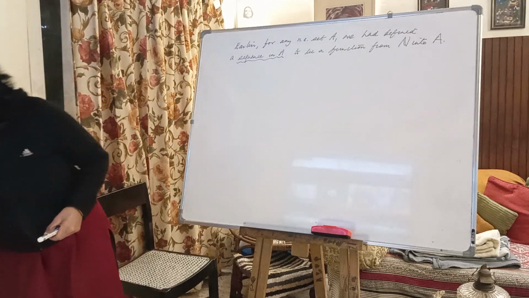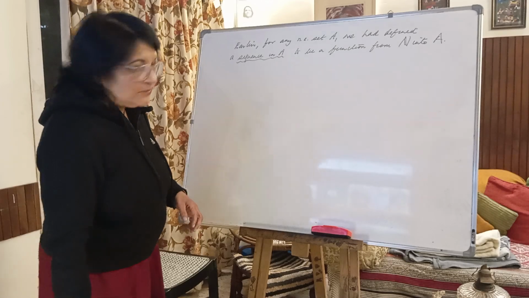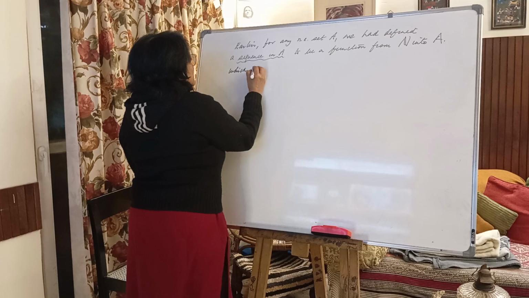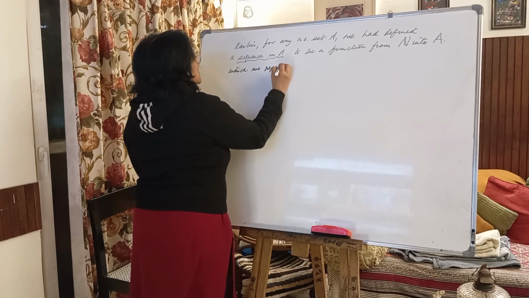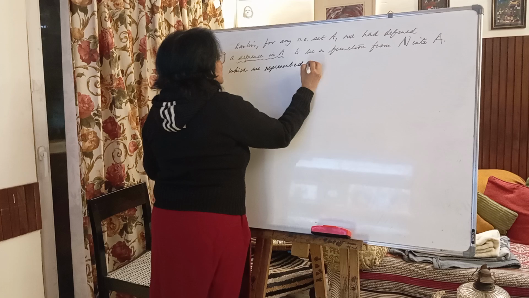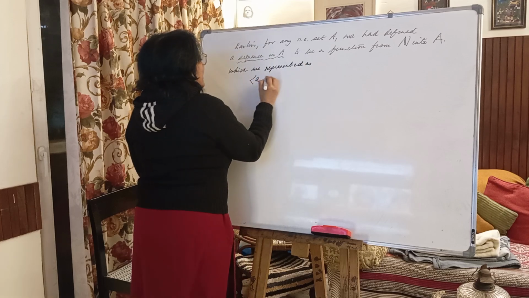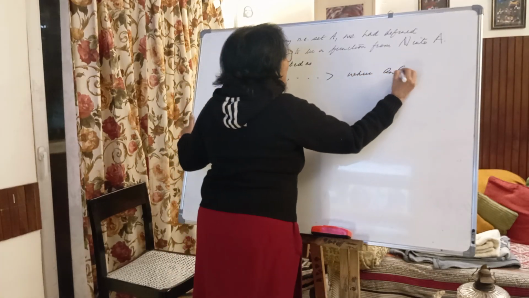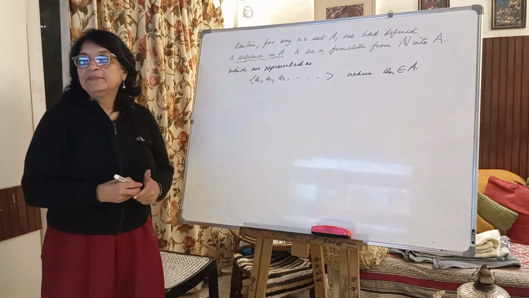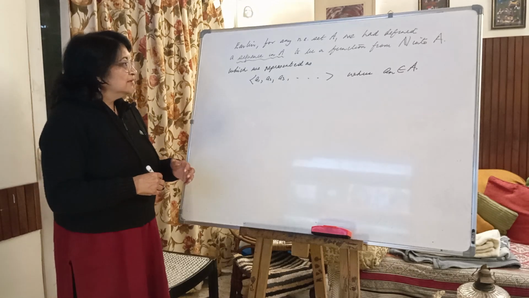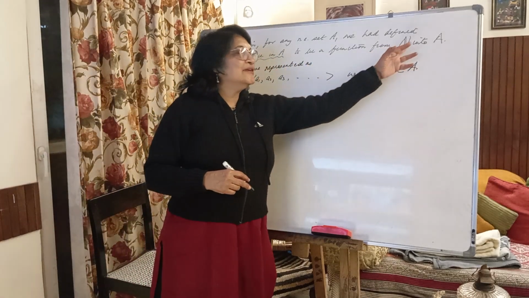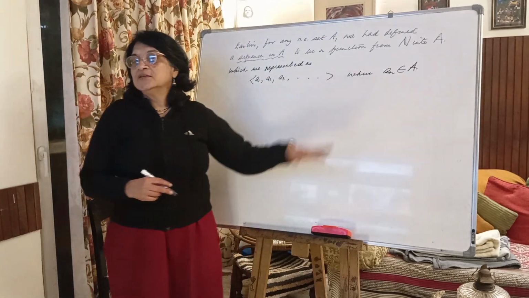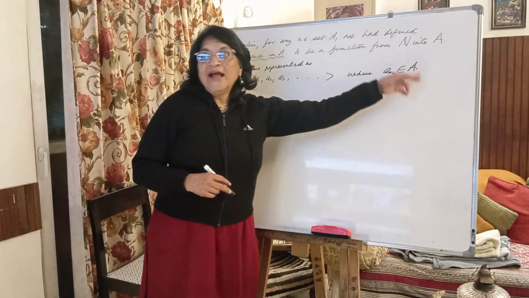I don't know what it is. And then we represented it as a_n, that is a_1, a_2, a_3, where a_n is an element of capital A. It could be a person, it could be a blade of grass, it could be an ant. So if you take a function from the set of natural numbers into the set of ants in the world, then you have first ant, second ant, third ant, and so on. Each a_n is an ant.